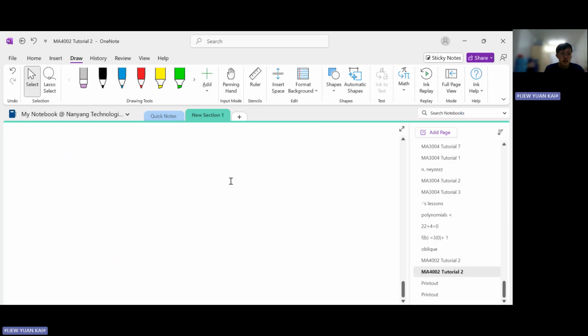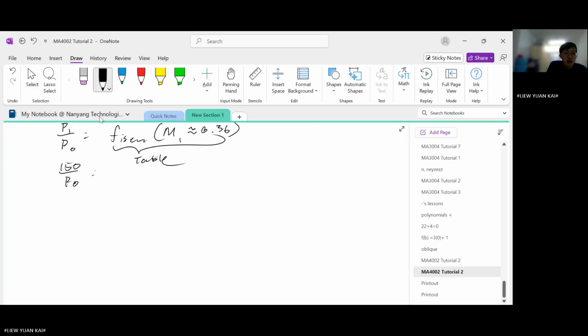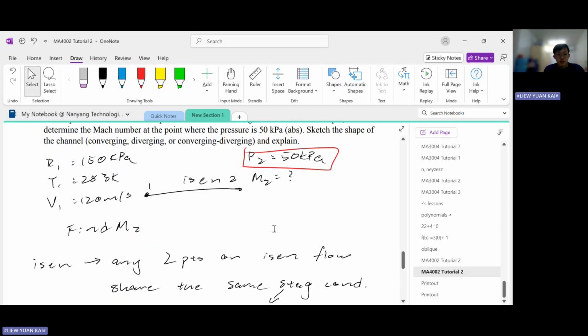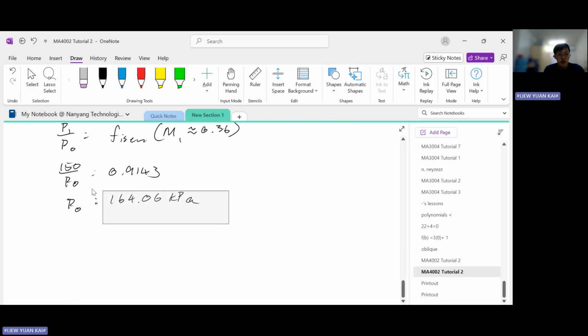So let's go back here and replace that with 0.9143. You make P naught the subject, you calculate that it will become 164.06 kPa. And remember, because 1 and 2 are on the same isentropic flow, they share the same stagnation conditions. Therefore, this P naught also belongs to point 2.